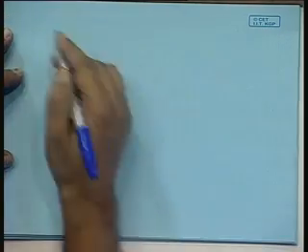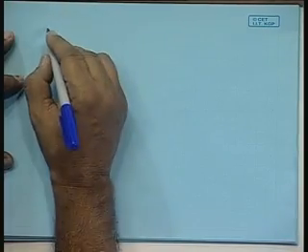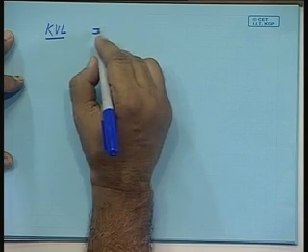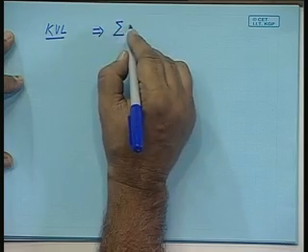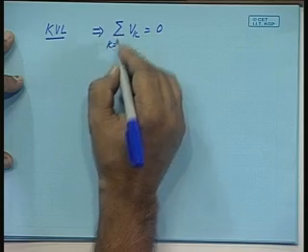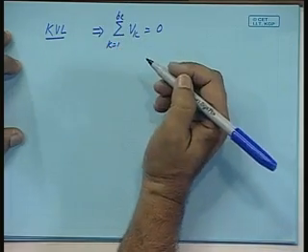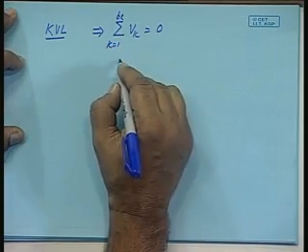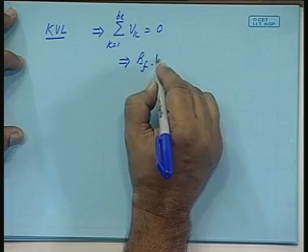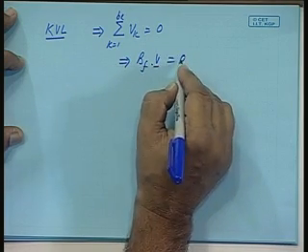Now, if we apply the Kirchhoff's voltage law, it states sigma Vk in a loop is equal to 0, agreed, which means Bf into V equal to 0.